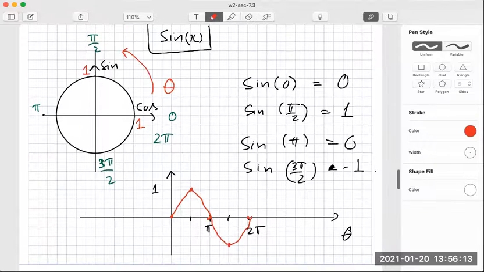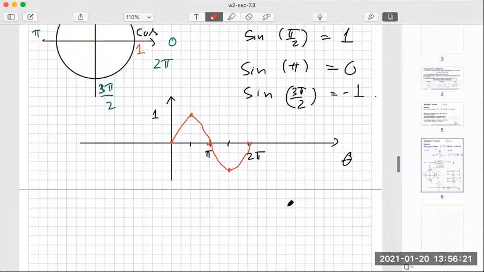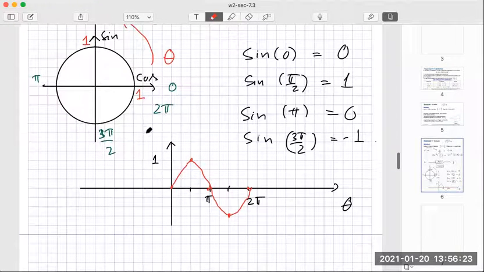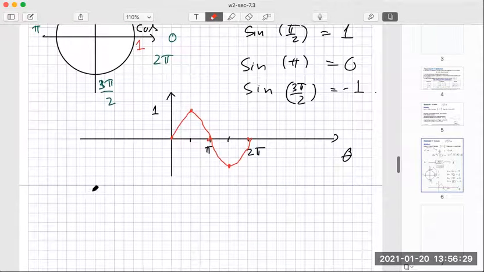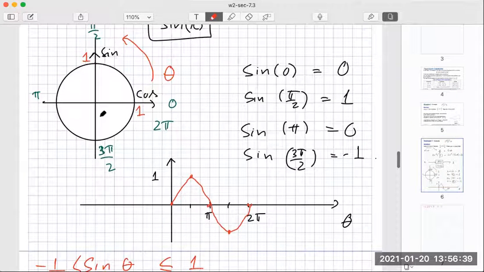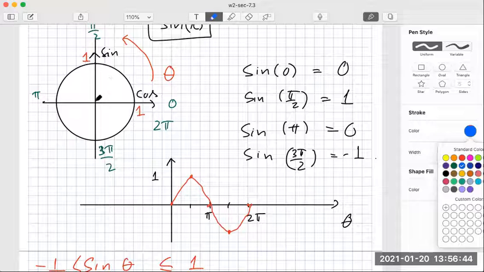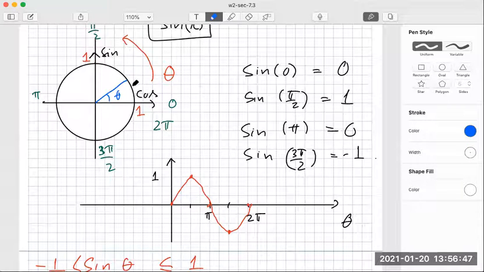Let me add one more page here. And we see that sine of theta will always be between -1 and 1, right? For any angle, suppose theta is here, we project to the sine axis.